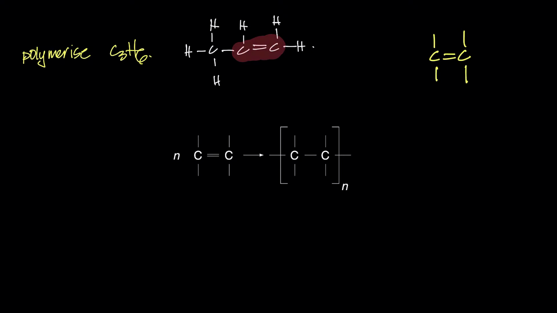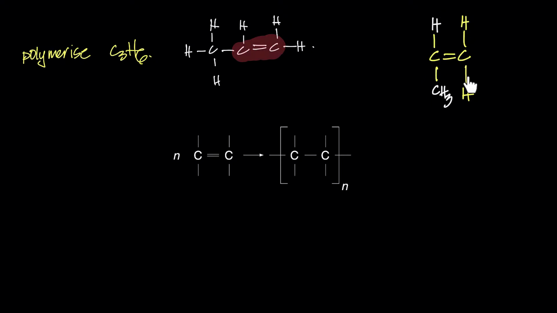If I have C double bond C, the right carbon has H and H. So the right carbon on top and at the bottom is H and H. And the left carbon has an H and a CH3, a C with 3 H's. So you will actually have to end up drawing it like this.